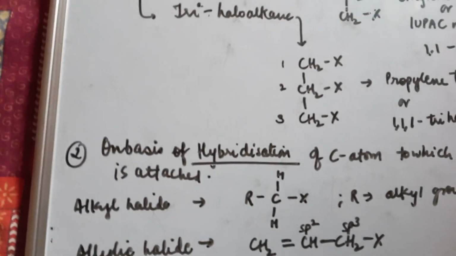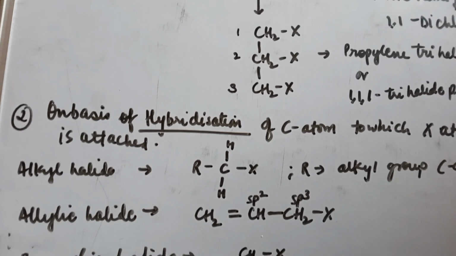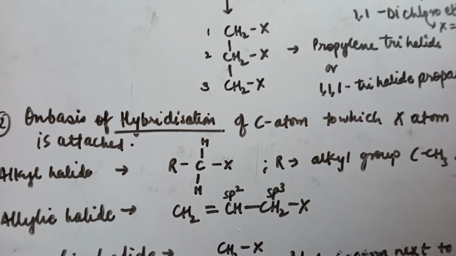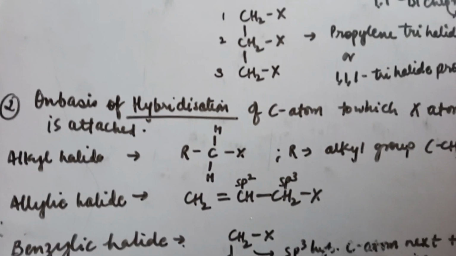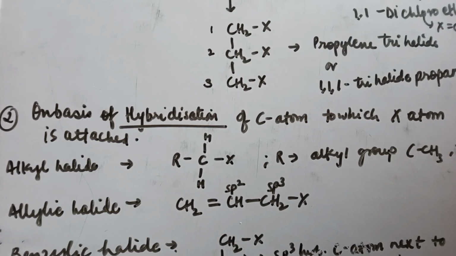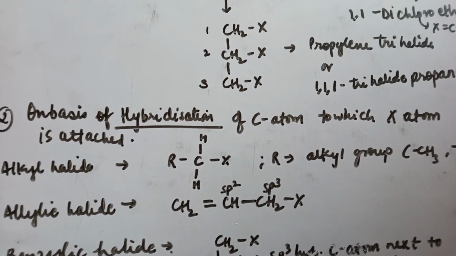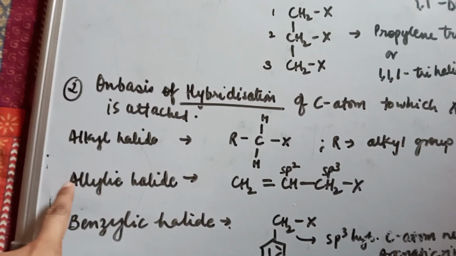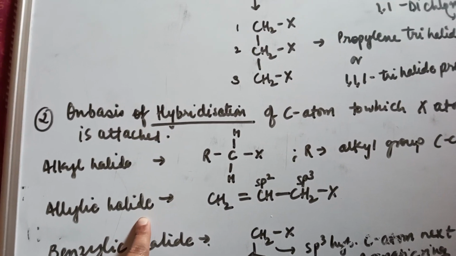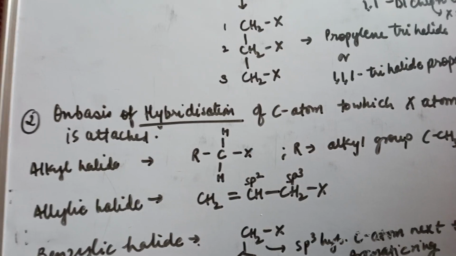The second classification for the haloalkanes and haloarenes is done on the basis of hybridization, a most important topic we will be covering in the upcoming videos. It is based on the hybridization of the carbon atom to which the halogen atom is attached. The first is alkyl halide, the second is allylic halide, and the third is benzylic halide.